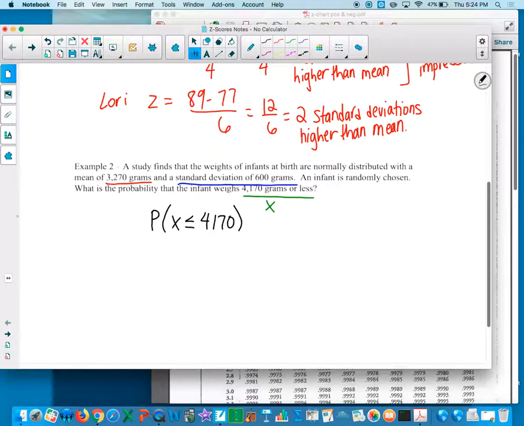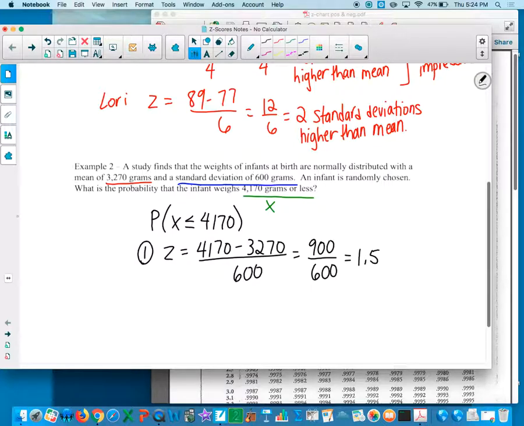We're going to first calculate our z-score. So that's telling us it's 1.5 standard deviations to the right of the mean because it is positive.